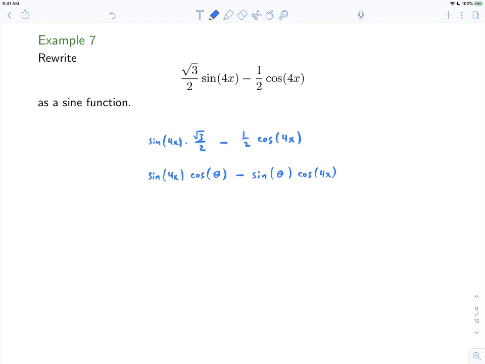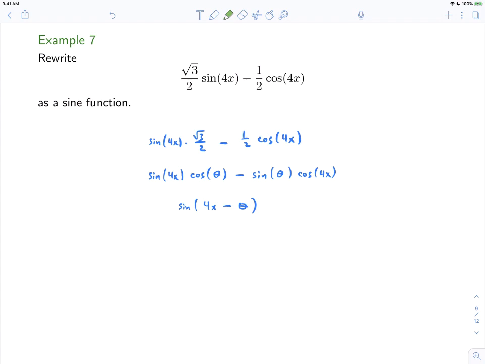So this would be equal to sine of 4x minus theta, for whatever theta happens to be. Because if we use the difference formula for sine on this expression, sine of 4x minus theta, we'll have sine of 4x times cosine of theta, and then this is the difference formula for sine, so we keep the sign. So sine preserves the sign, so it's still a minus, then sine of theta times cosine of 4x. So we just need to figure out what theta is in this case.